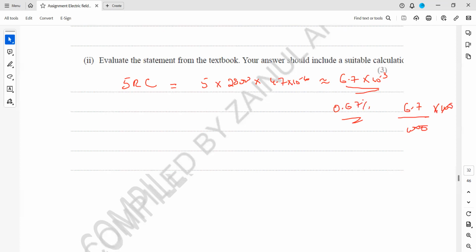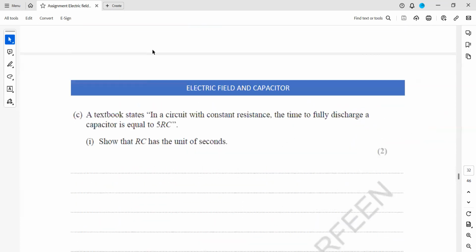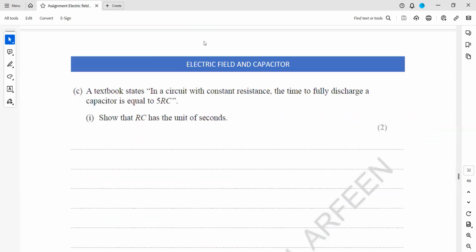Means when the time is 5 times RC, the capacitor will have a charge of about 0.67% of the original charge, which is approximately 0. So we can say, yes, the statement is correct. Because in the question they mentioned the time for a capacitor to fully discharge, it is written in a textbook that it takes a total time of 5 times RC when it is completely or fully discharged.